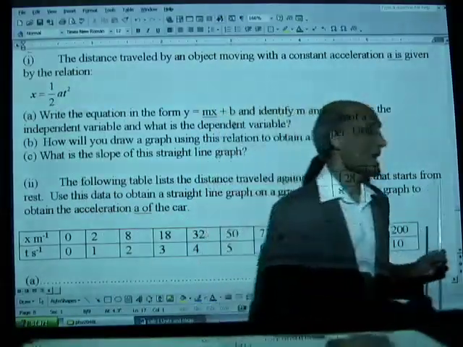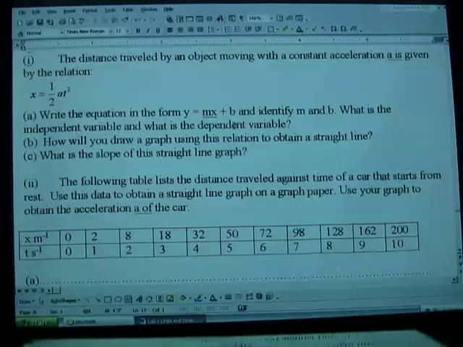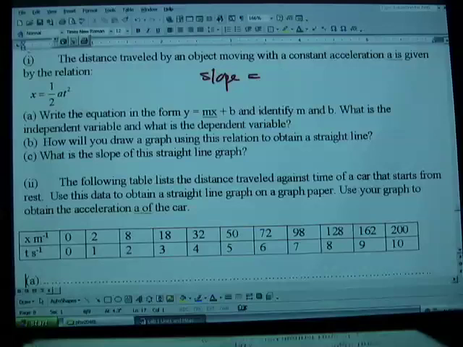That means I can write it like this. Suppose I got the slope as, I'm going to give you a number. Suppose I measured the slope and I got the slope as 5.2. Now, that 5.2 will be equal to 1/2 of a, and therefore what is a equal to?